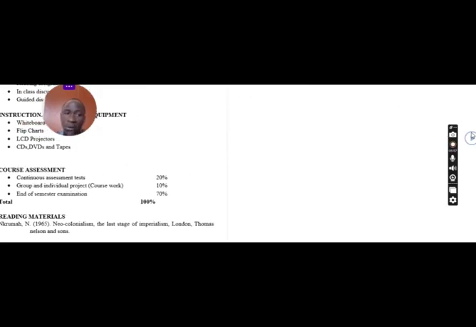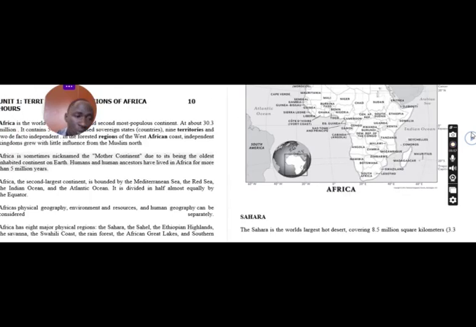So I would like to start with Africa as our major emphasis. We are going to be looking at the territories or regions that make up Africa. When you look at Africa, it is the second largest continent in the world.